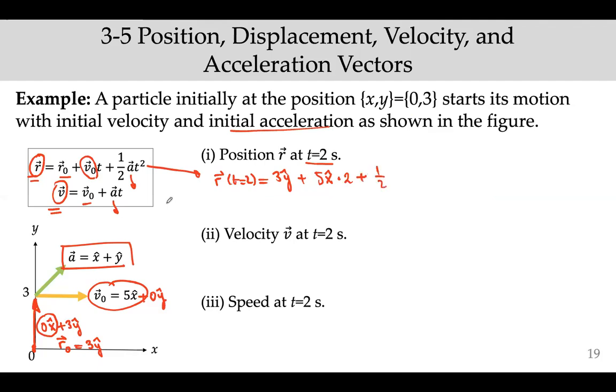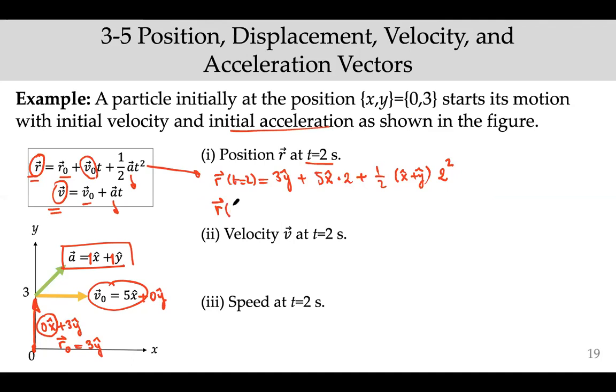And 1/2 acceleration. What is the acceleration? Where are the numbers? Well, the numbers are here. They are just 1, and if they're just 1, you don't have to write them. So I will just write it as x hat plus y hat. And then t squared, so it'll be 2 squared.